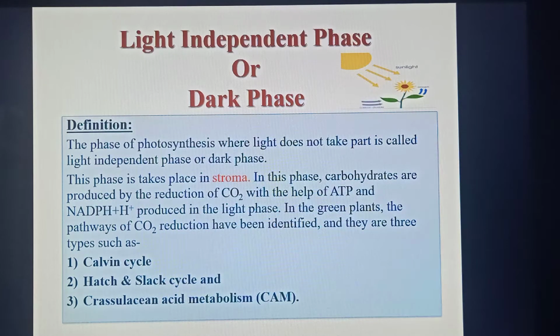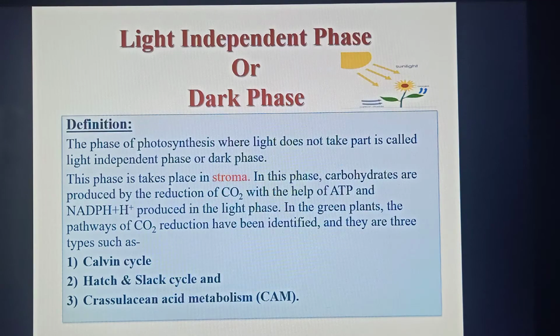dark phase. This phase of photosynthesis takes place in the stroma of the plastid. What is the stroma? The matrix of the plastid or chloroplast is called the stroma. In this phase, carbohydrates are produced by the reduction of carbon dioxide with the help of ATP and NADPH2 that are produced in the light phase.